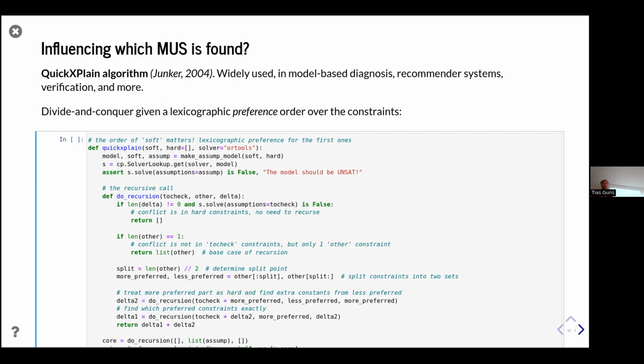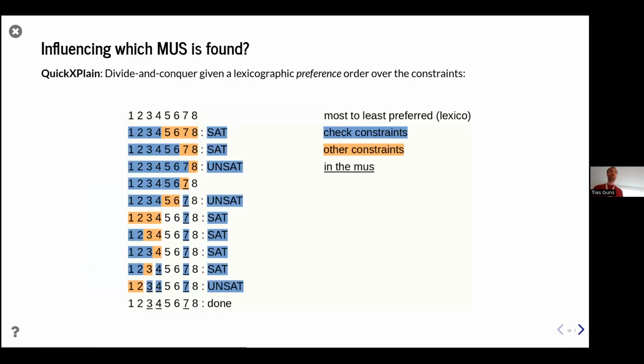I'm not going to go over the algorithm because it's not super easy to understand from the code, but I worked out a little example. So this is my figurative eight different constraints. I want as many of the ones that are ranked here and as few of the ones that are ranked here. QuickXplain will always halve the set of constraints and work recursively based on that.